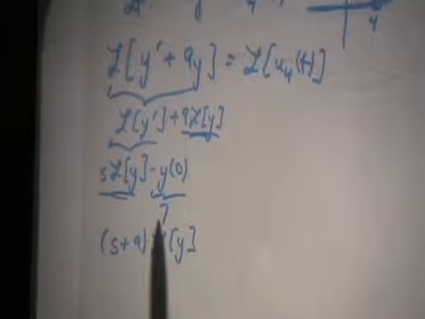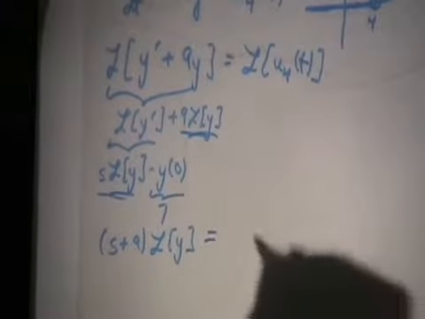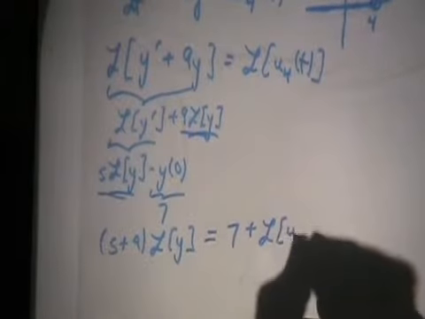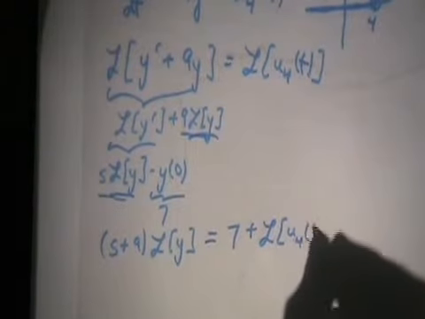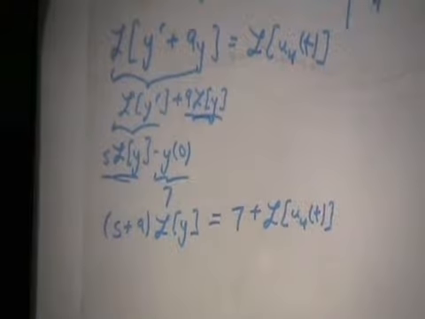And the 7, I'm really subtracting 7 here, so I can add 7 to both sides of the equation and see that this equals 7 plus the Laplace transform of this Heaviside function that has a jump discontinuity at t equals 4.